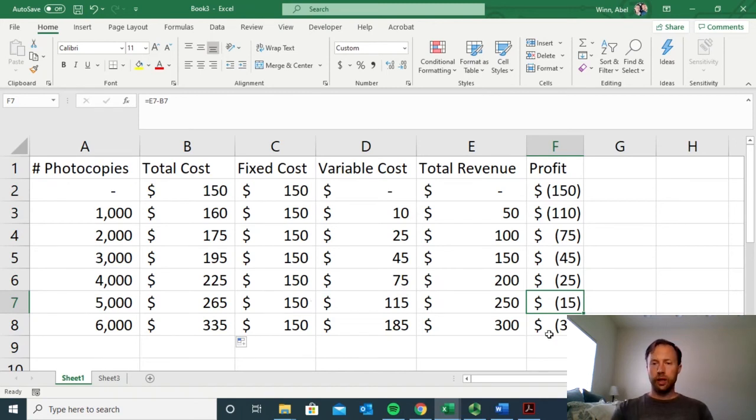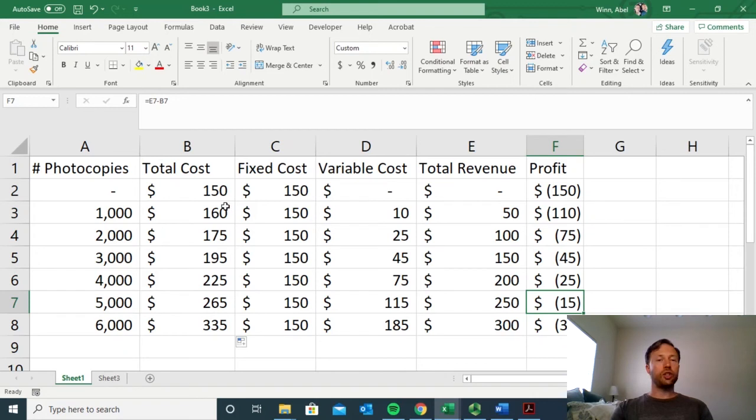So take a look over here. You can see that if she stays in business and keeps operating, the best she could do would be to lose $15 per month. Okay, that's still at the same level of output as it was before. 5,000 photocopies, she loses $15 a month.